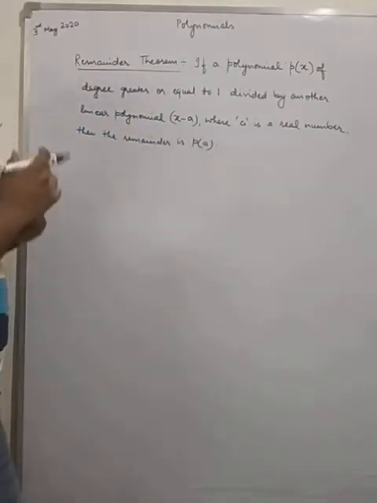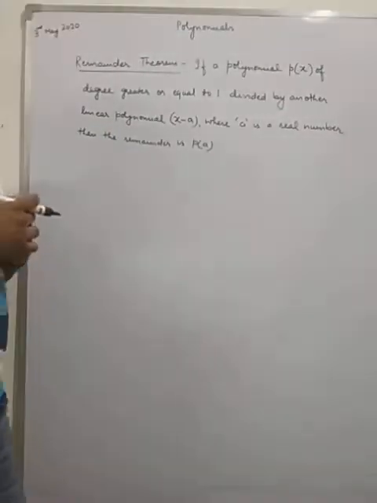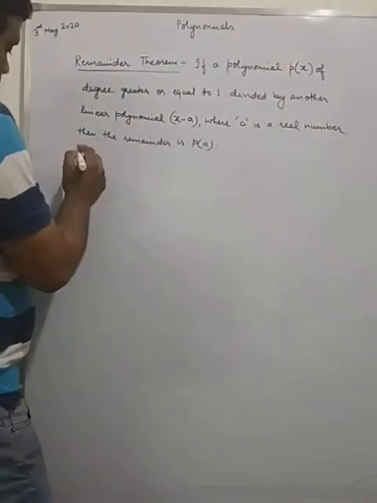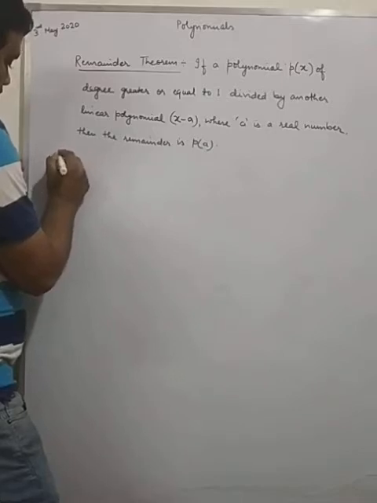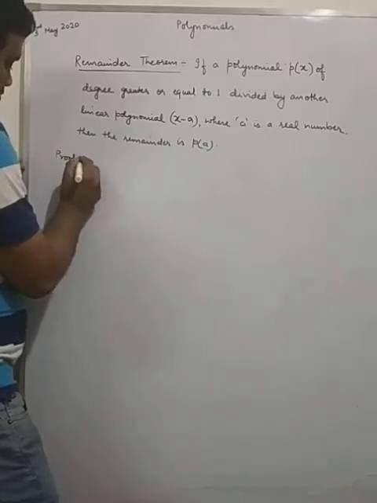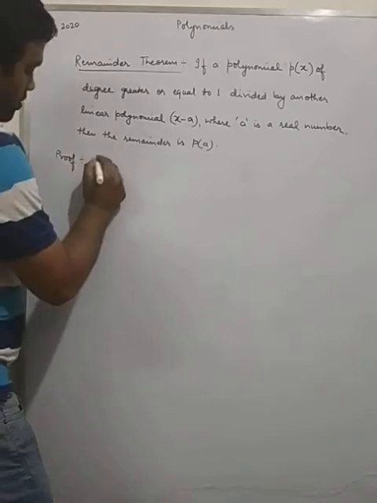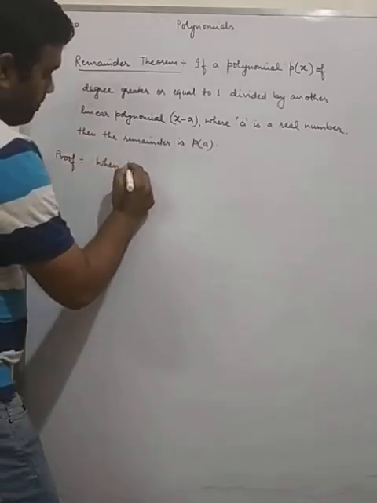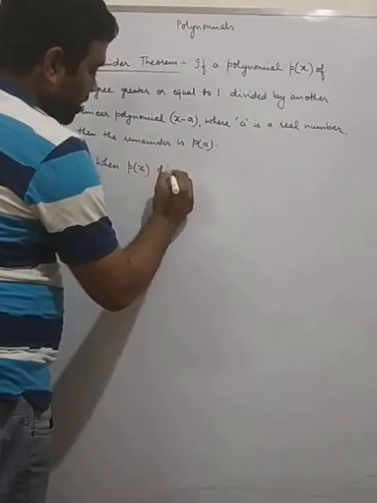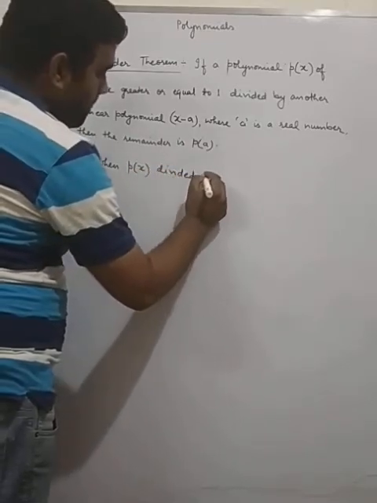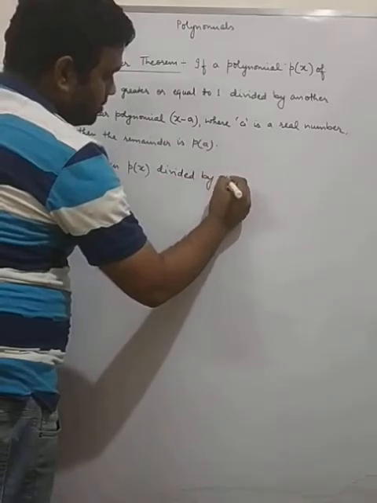Now let's see the proof of this theorem. Suppose p(x) is divided by x minus a.